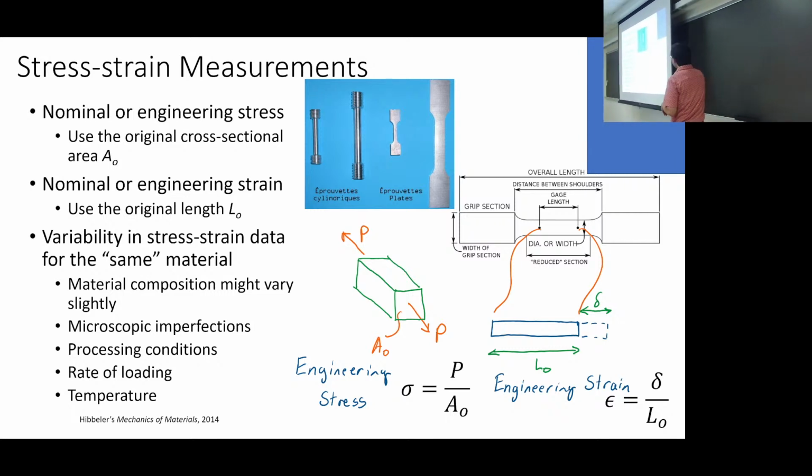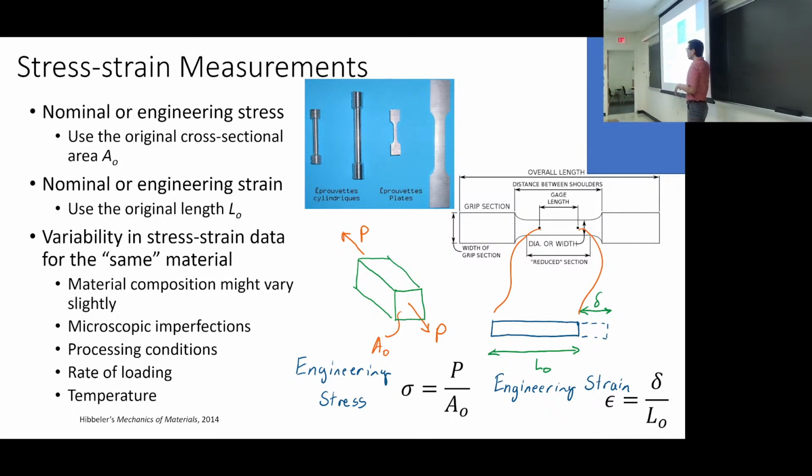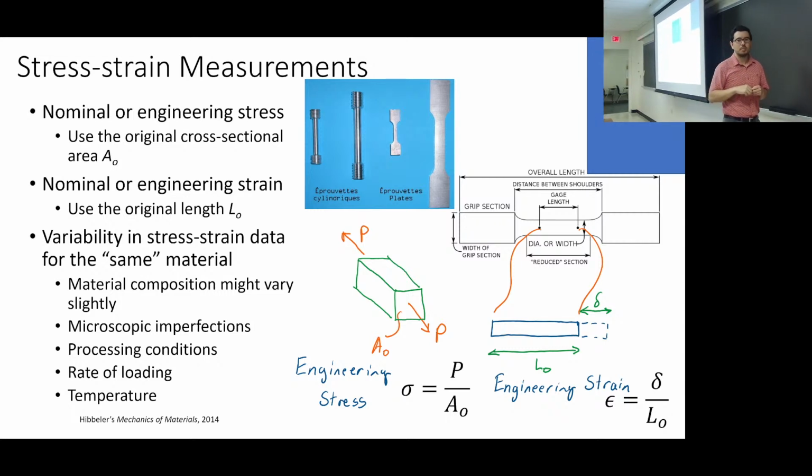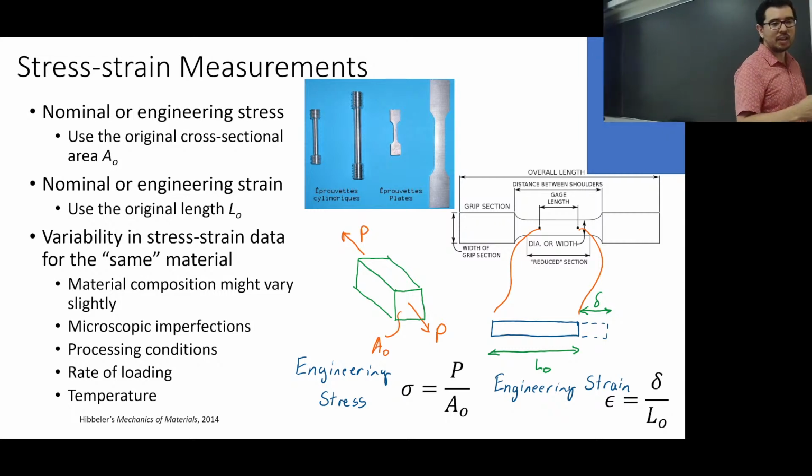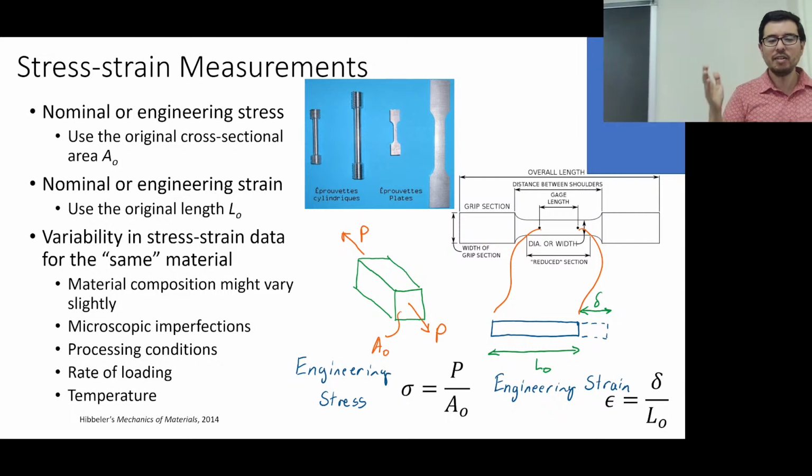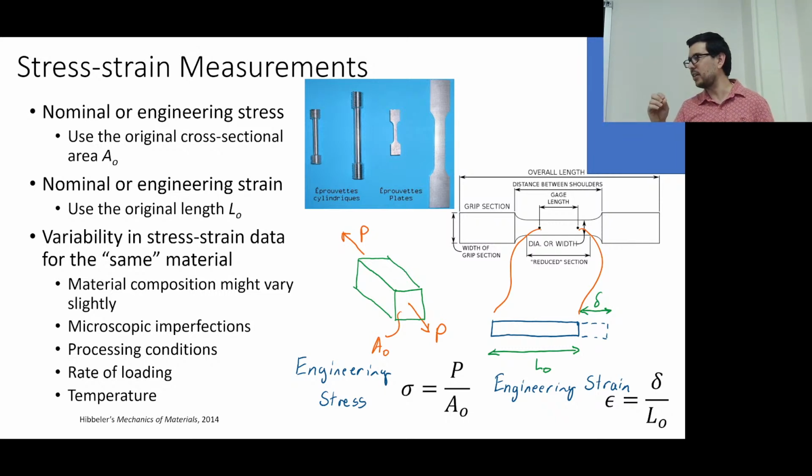There could be some abnormality or deformity or some issue with the quality, some impurity, and it will find it and break there. But it needs to break somewhere in the middle, in that location where you have this gauge length.